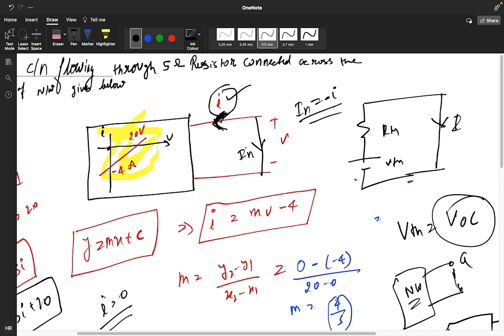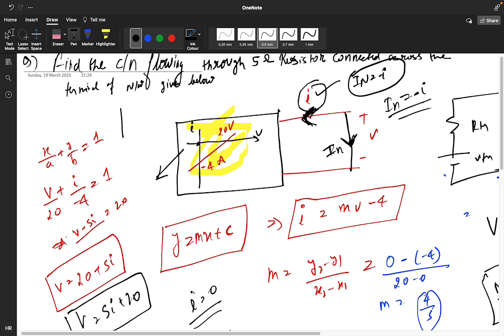If you are finding the Norton equivalent current, what do you do? The Norton equivalent current is in this direction, so IN is minus of I. By seeing this circuit, you have to form the equation either by using y = mx + c, or you can use this equation: x/a + y/b = 1. The cutting point of A is at 20 volt, and the cutting point of B is at -4.